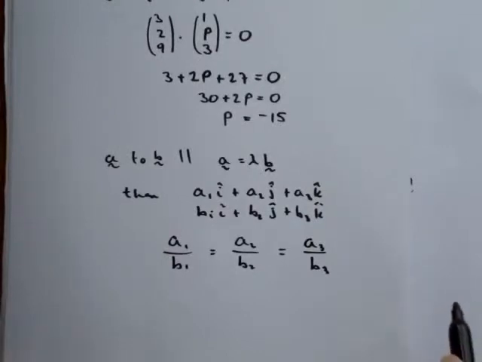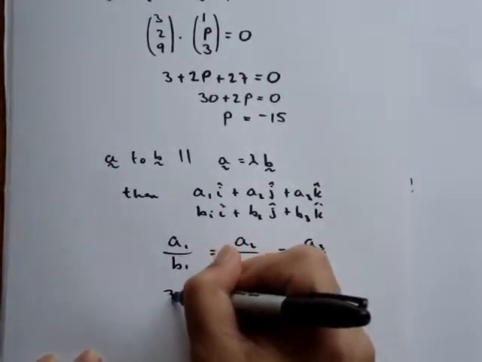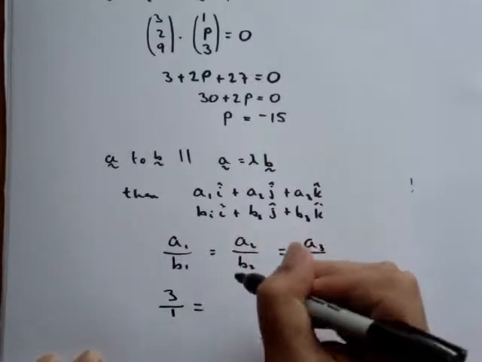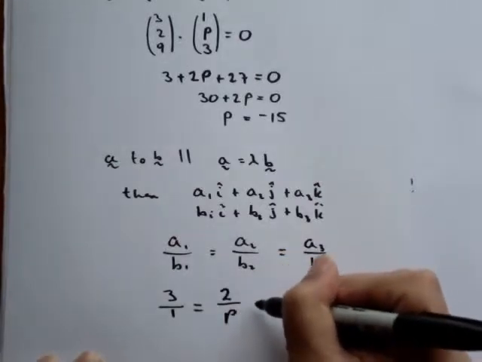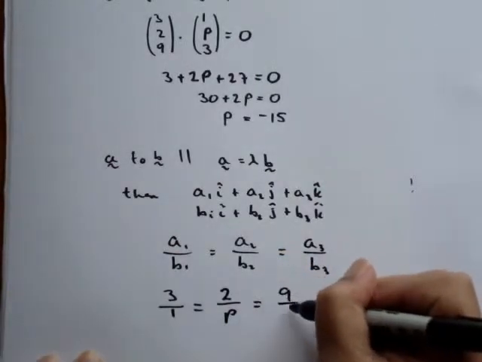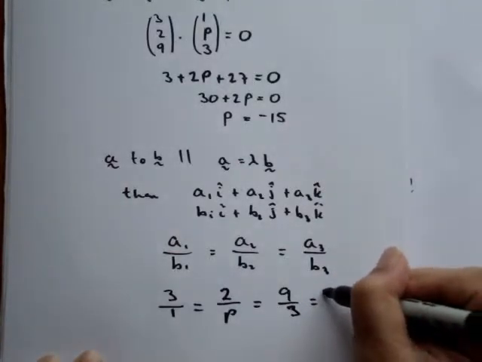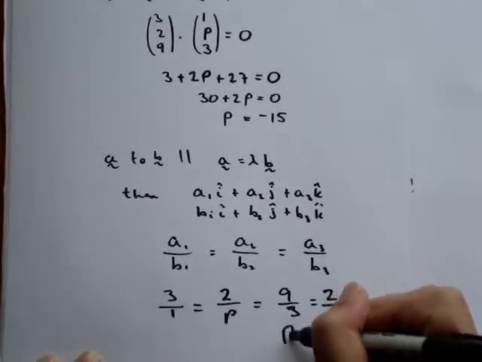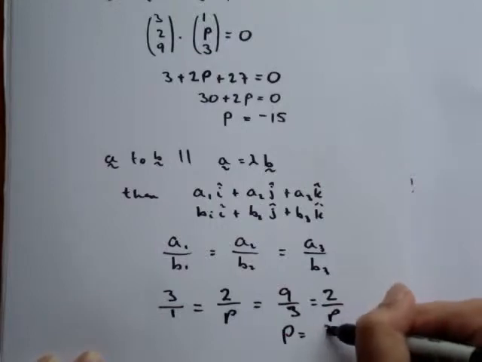So in this case our first is 3 over 1 equals the next one, 2 over p, equals 9 over 3. So this equals 2 over p, and our p then equals 2 over 3.